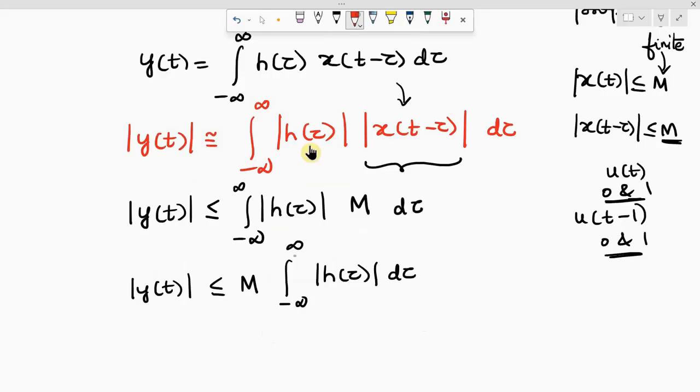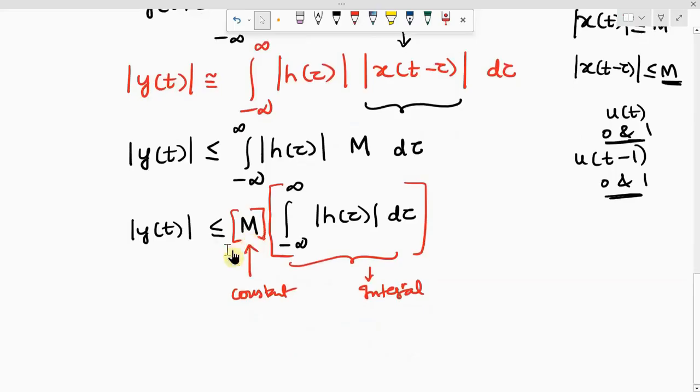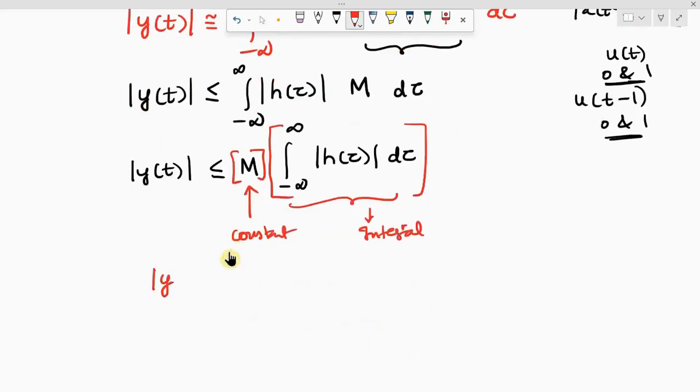Now, this can be observed as a product of two terms. One is a constant term, and the other one is the integral term. Okay. Now, for this mod y of t to be bounded by some M1, or I can write some N, what should be the condition?